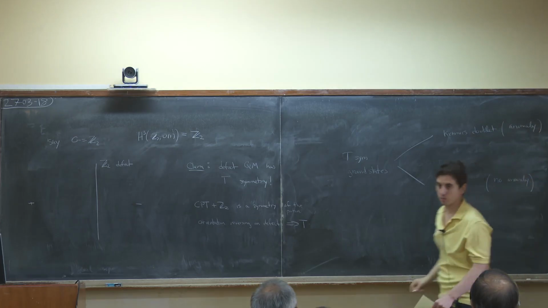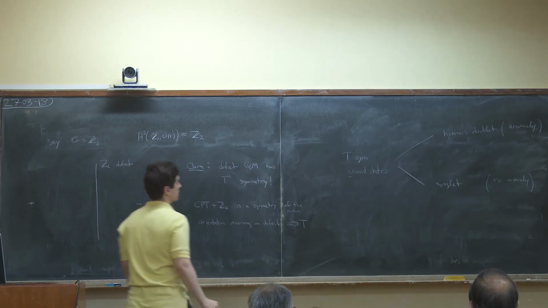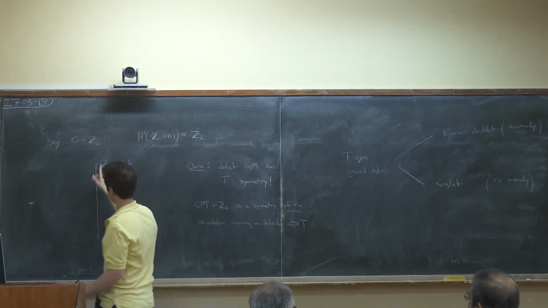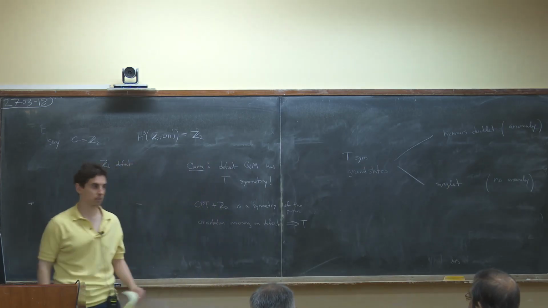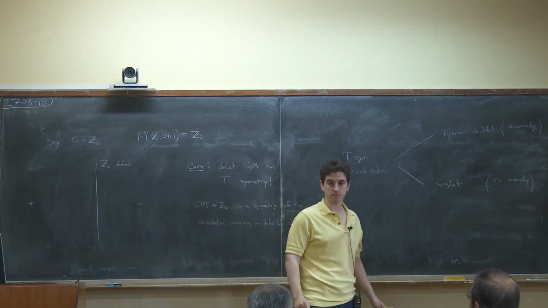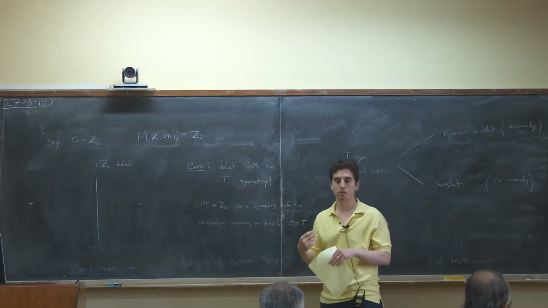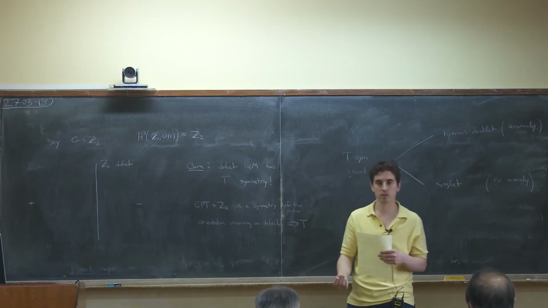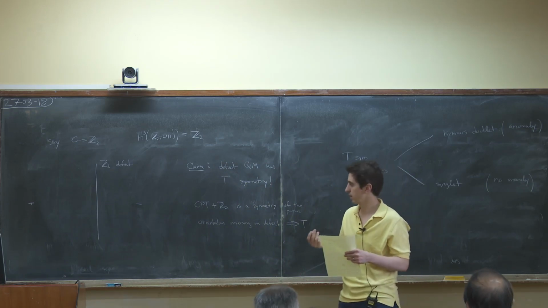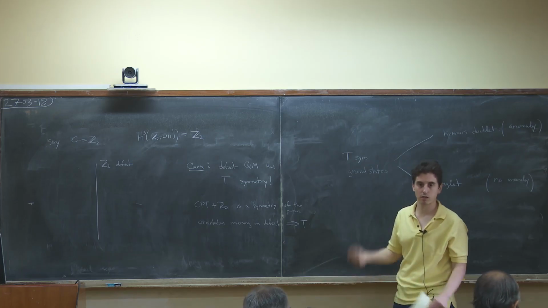So the bulk system has a Z2 anomaly, means that the quantum mechanics on the defect has Kramer's doublet ground states. This is the same mechanism as before, because once you're in quantum mechanics, Kramer's doublet for T symmetry is a projective representation of T.